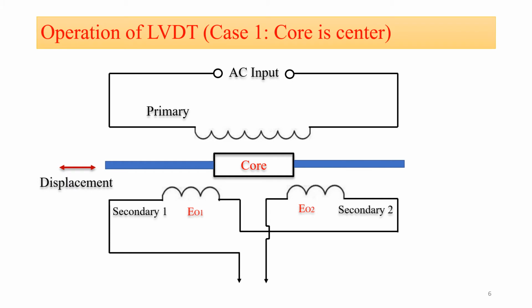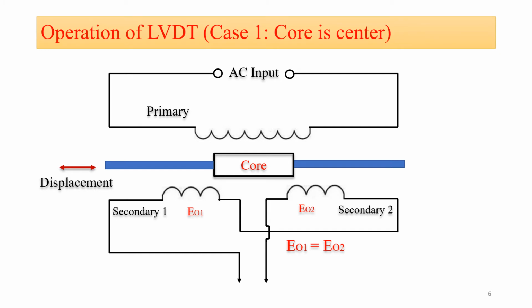Initially, if the core is exactly at the center of the coil assembly, then an equal amount of flux gets linked to both secondary windings. Due to this equal flux linkage, the induced voltages in both secondary windings are equal, but they have opposite polarities.